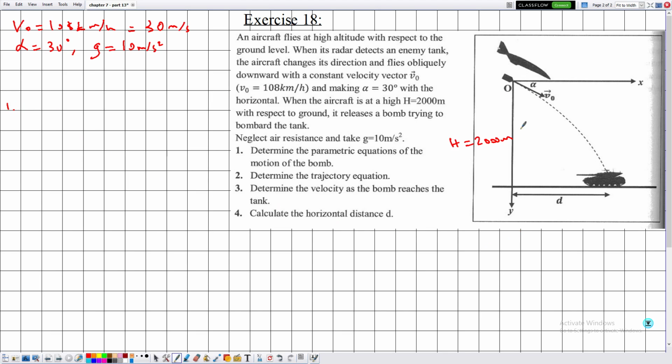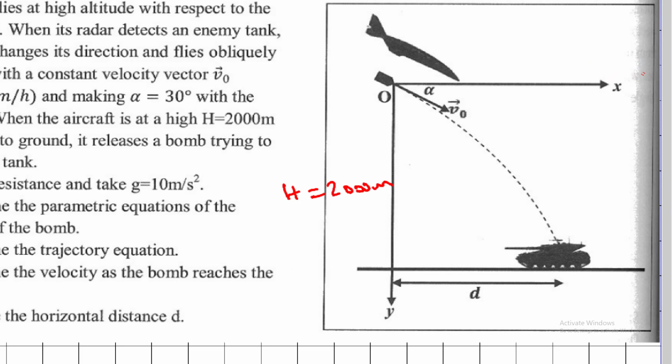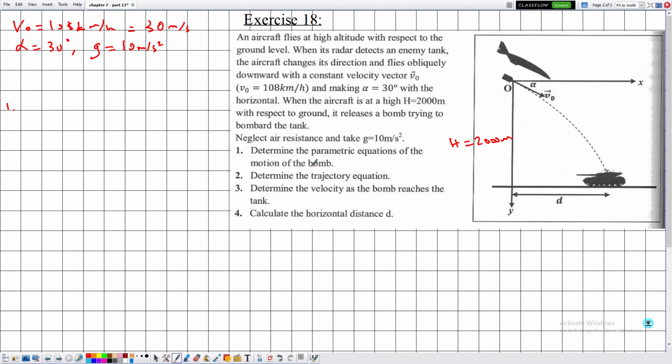Here we must be very careful about the orientation of the axes. So this is the x-axis, this is the y-axis. This is the bomb, this is the projectile. At an instant, it is placed here. Now if you consider the weight, notice that the weight in this case is in the same direction as y. So expect that ay is equal to plus g and not minus g. And they are telling me to determine the parametric equations of the motion of the bomb. So let's start by applying Newton's second law.